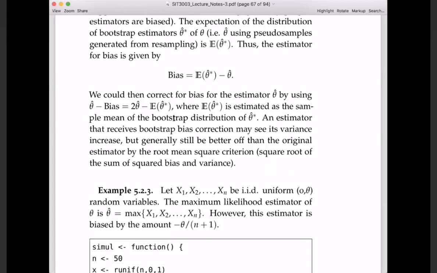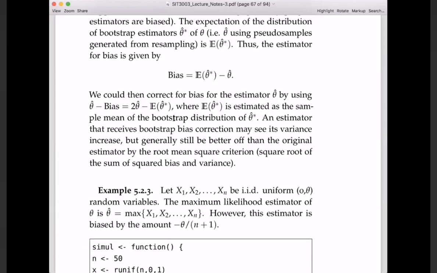Now, having said that, if you reduce the bias, usually there is a corresponding increase in the variance. This is something called the no free lunch principle: you improve something, but some other things will degenerate. So we want to see whether the trade-off is actually meaningful.